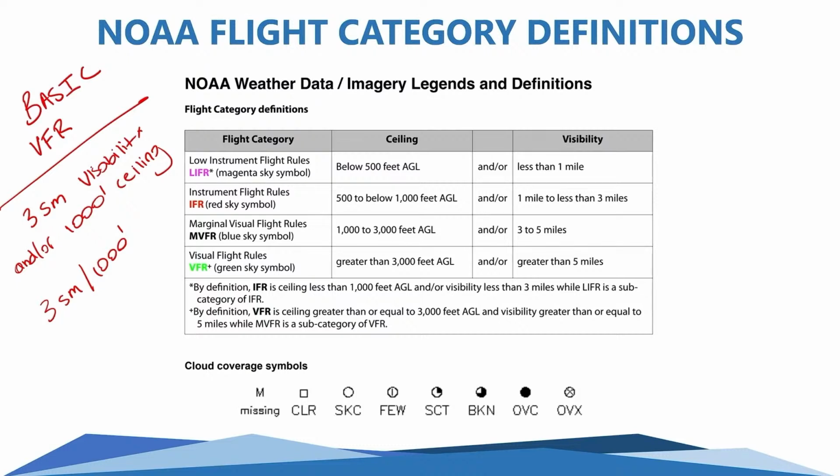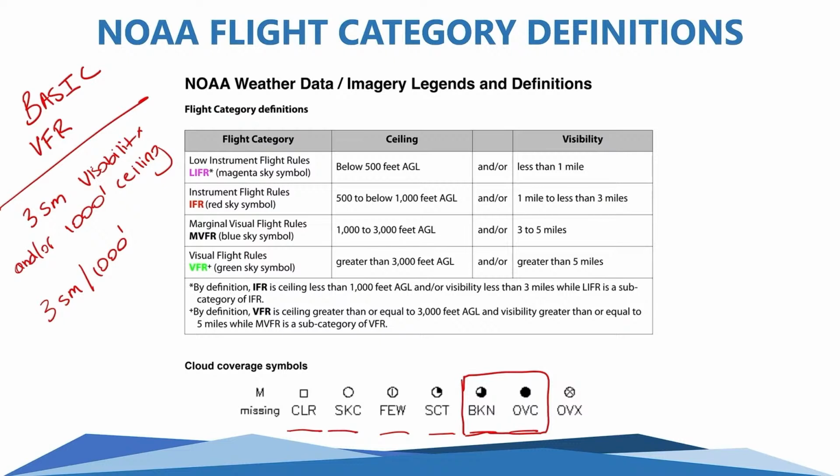Now a ceiling is defined as the lowest of the overcast or broken layer. Okay, so the ceiling, you'll see that these are different cloud coverage symbols. We basically have clear skies, sky clear, SKC, and then we've got few, scattered, broken, and overcast. And the only two we really care about for the purposes of a ceiling is broken and overcast.